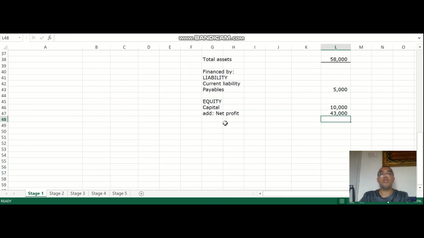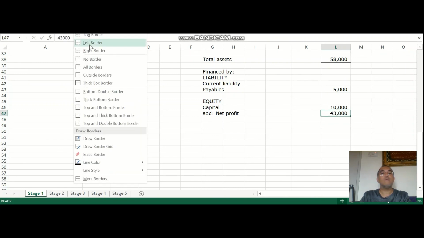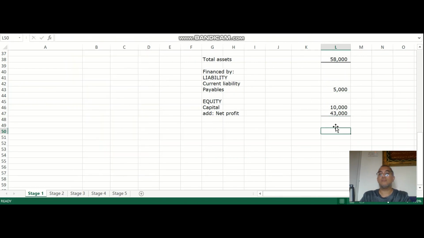And you have no drawings, and we will add it all together. 5,000 plus our capital and net profit, so you have 58,000. Is it correct?